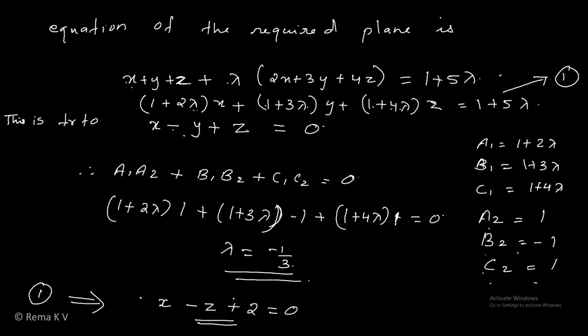Okay, it is x minus z plus 2 equal to 0, right? So with this, the content of this chapter is over. And let us do problems from miscellaneous exercise.